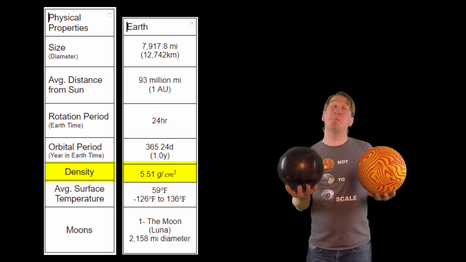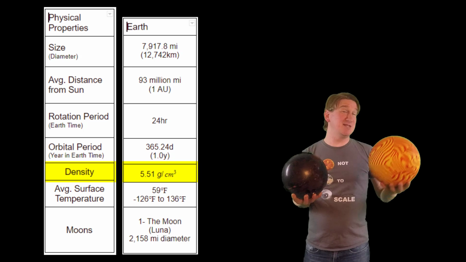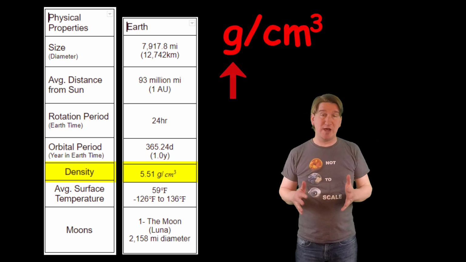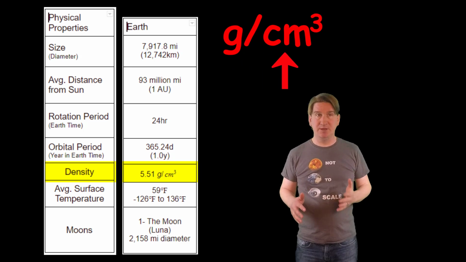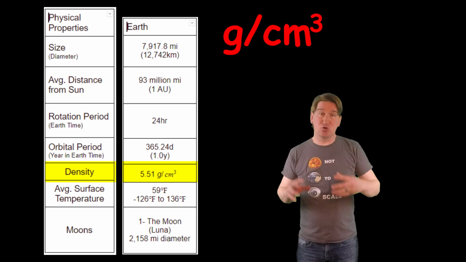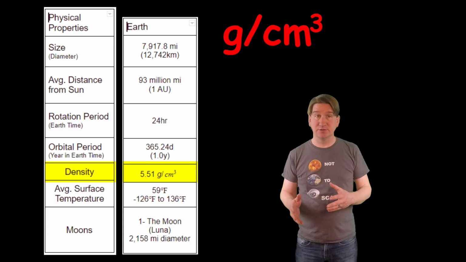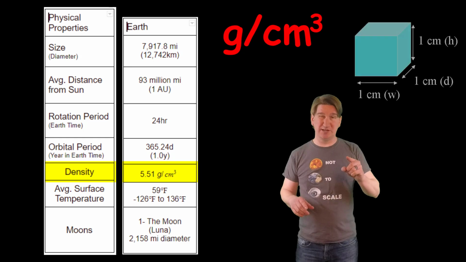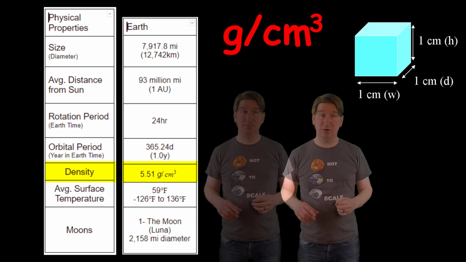So we say that the bowling ball is more dense than the kickball. The units for density is read grams per cubic centimeter. This is just how many grams, which is a measure of mass, would be in the volume of a cube that measures 1 centimeter by 1 centimeter by 1 centimeter.